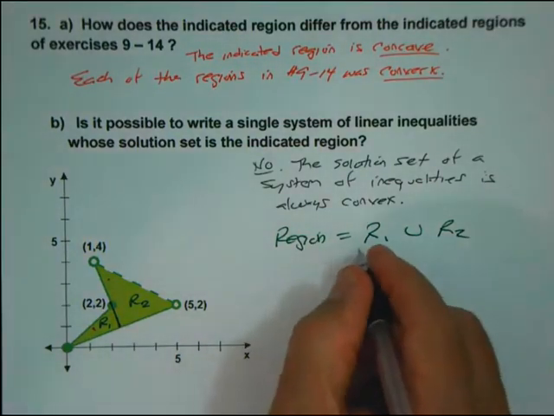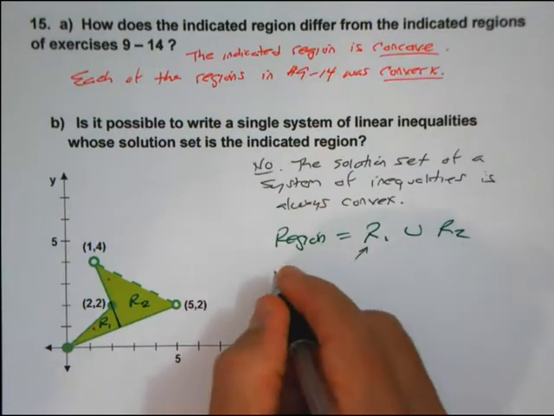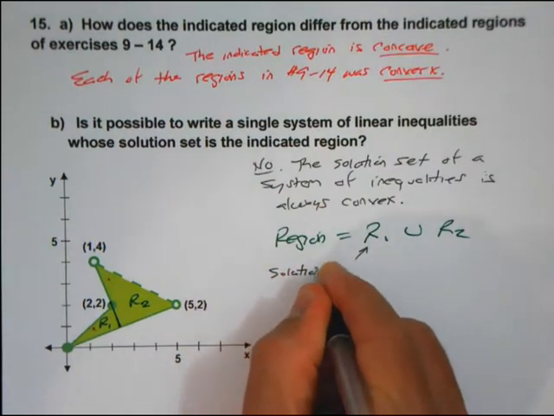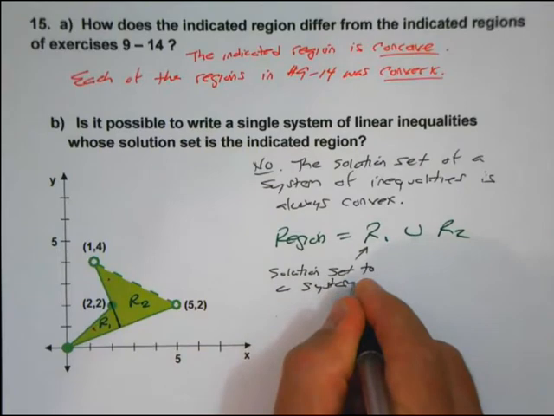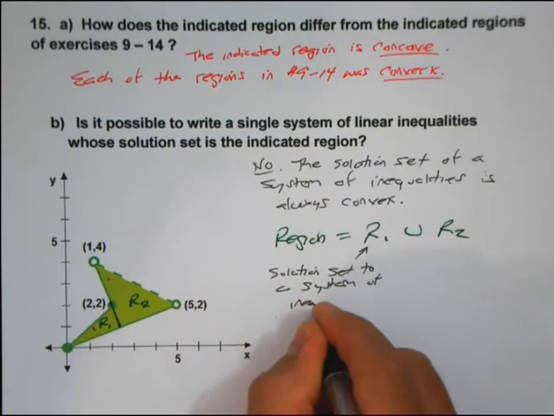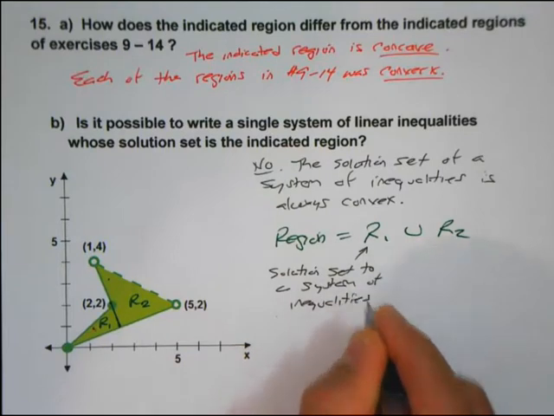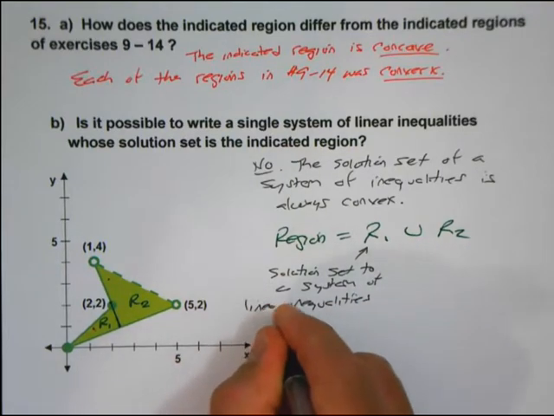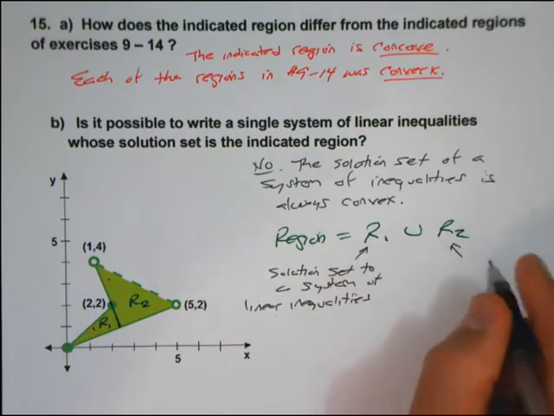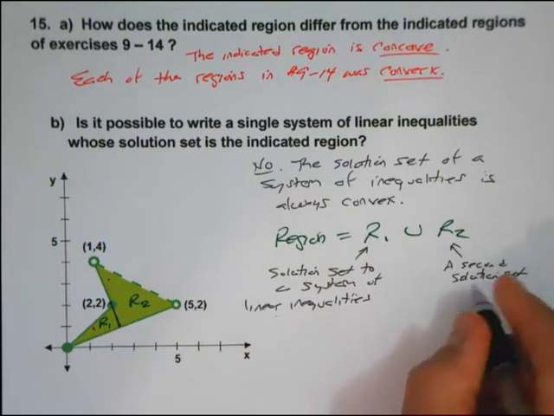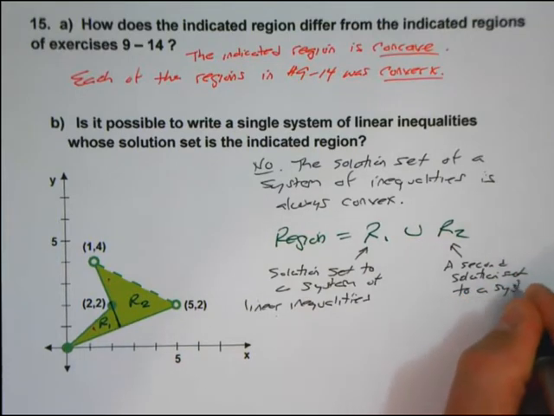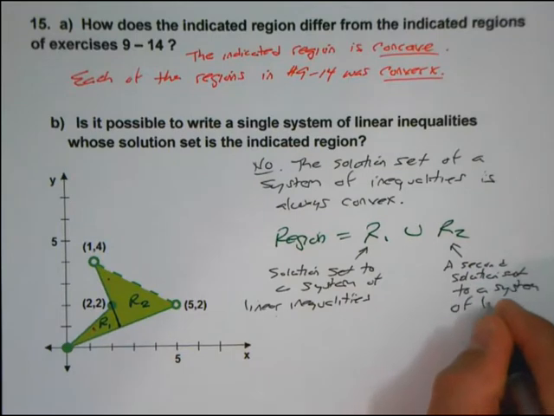Then you could describe R1 as the solution set to a system of linear inequalities, and you could describe R2 as a second solution set to a system of linear inequalities.